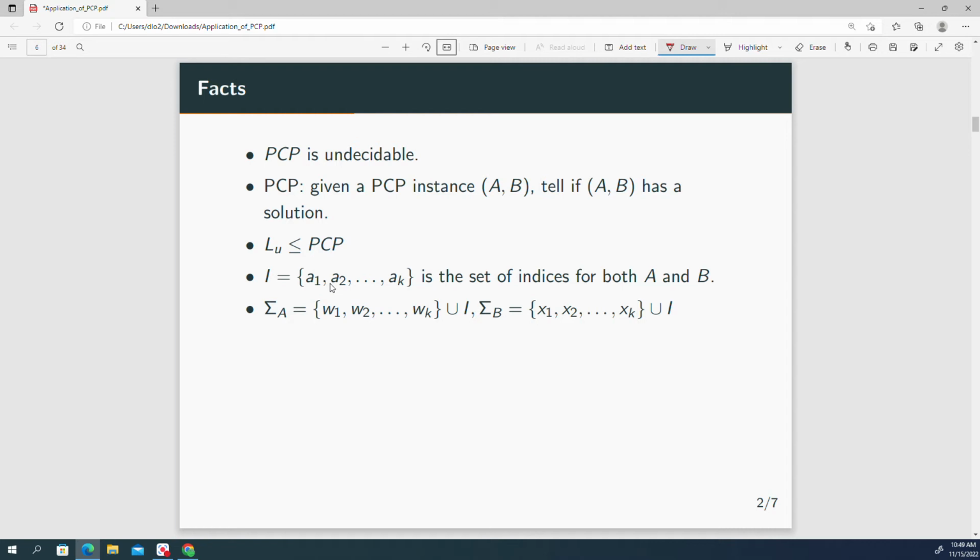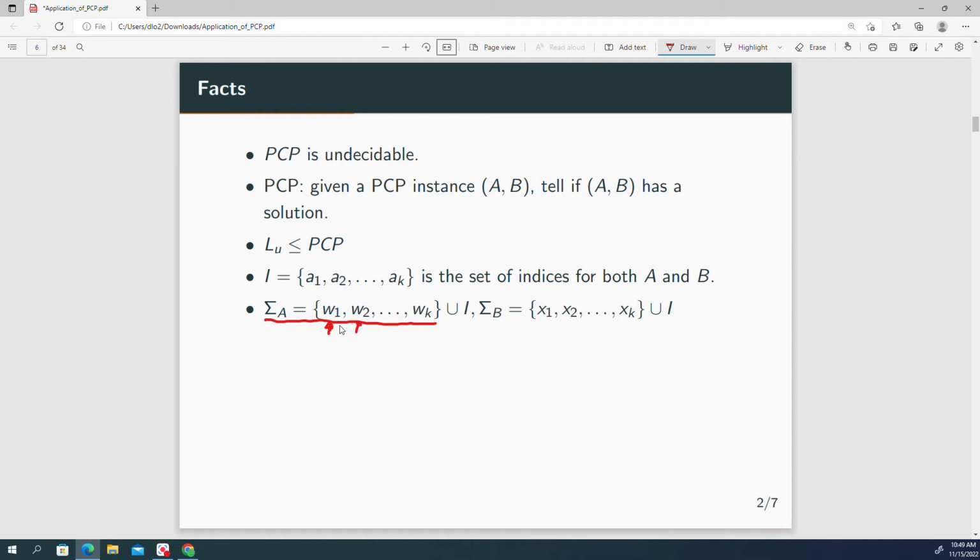And sigma A is the set of all the symbols in the strings W1, W2 to WK in list A. W1 is a string, and we take all the symbols in W1, all the symbols in W2, and so on.